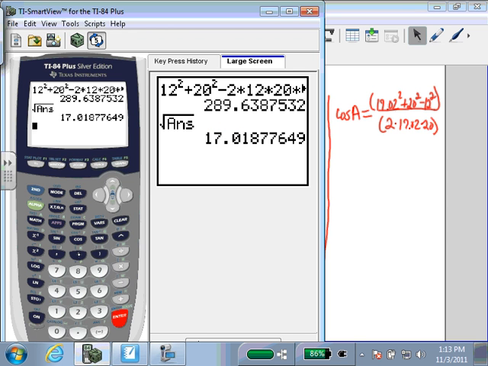So how would that look on my calculator? I'm going to open a parenthesis, and I'm going to have answer squared, because that's that number, plus 20 squared minus 12 squared, close that parenthesis, divided by, open parenthesis, 2 times my answer times 20.